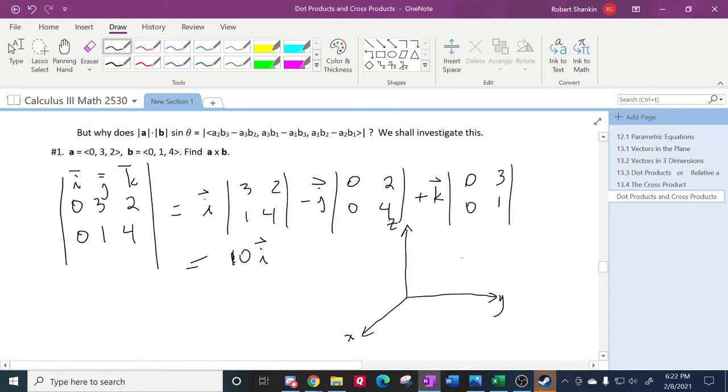And on the blackboard, up here, we have these vectors, 3, 2, and 1, 4.